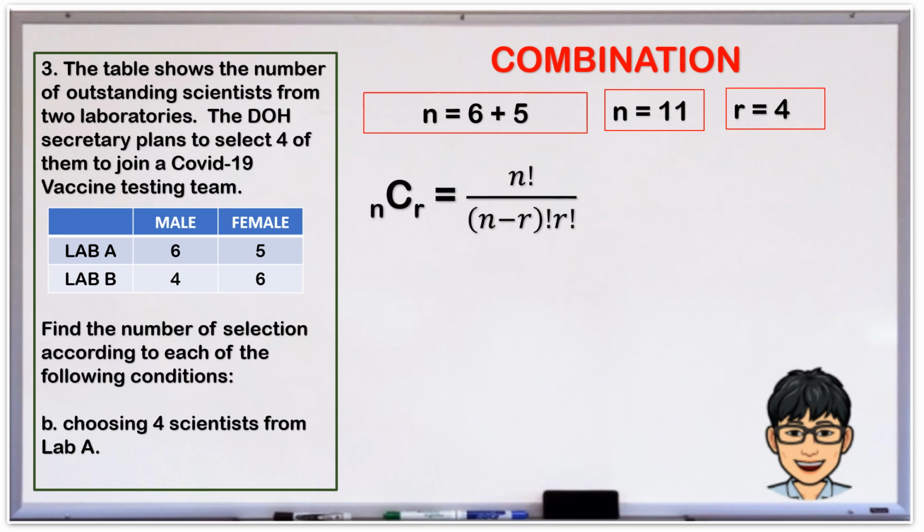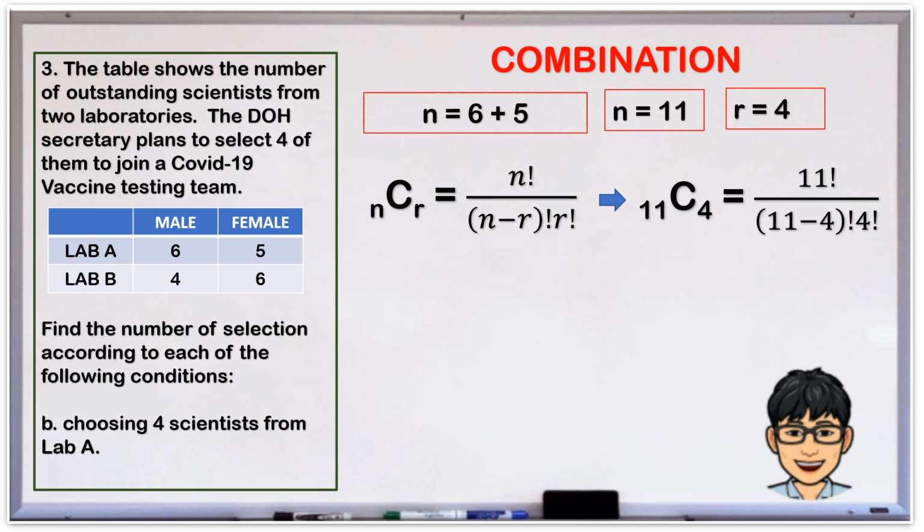So using the formula N select R equals N factorial divided by the quantity of N minus R factorial times R factorial, we have now 11 select 4, and that is equal to 11 factorial divided by the quantity of 11 minus 4 factorial times 4 factorial.